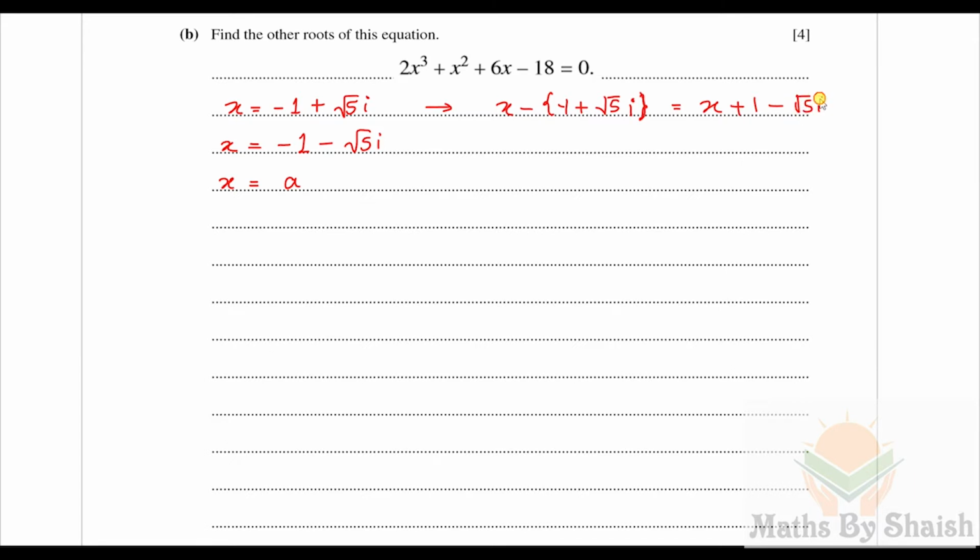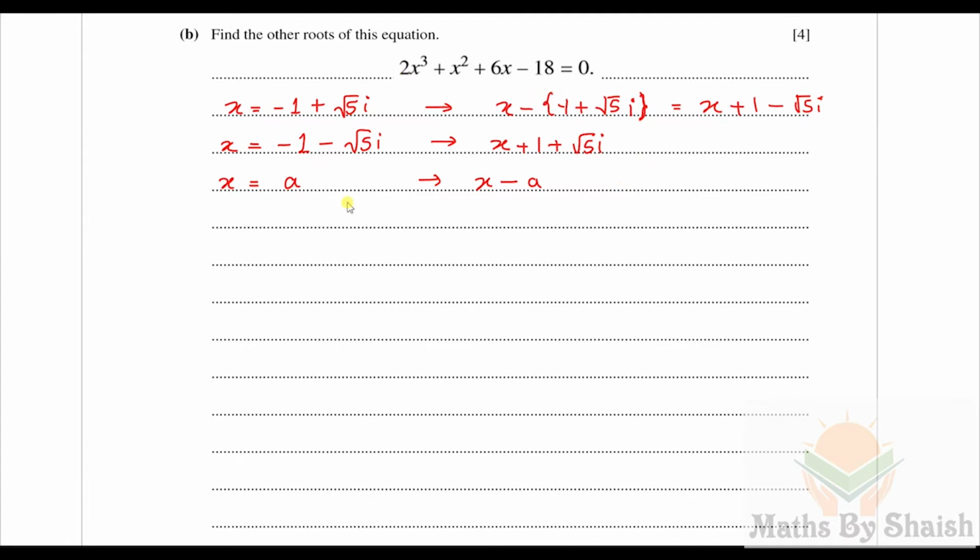From the other root the factor becomes x plus 1 plus root 5 iota, and from the third root the factor becomes x minus a, from the factor theorem. If these are the roots, then these will be factors. So if we multiply these all, we should get this equation.